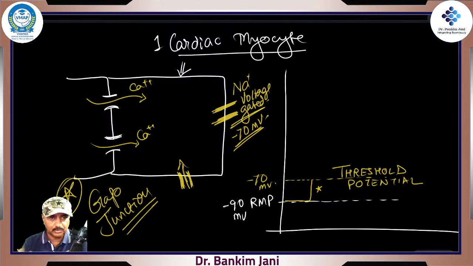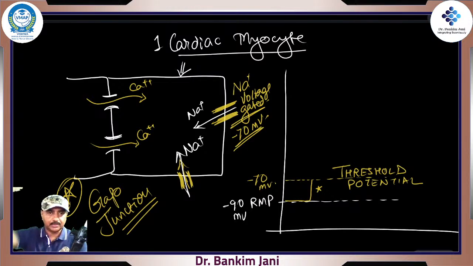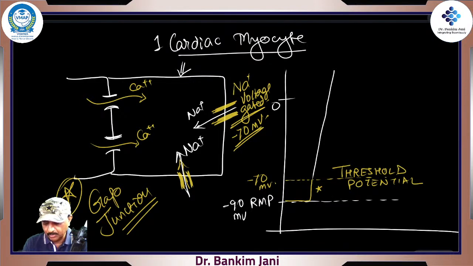When the sodium channel is open, sodium starts pouring in. Immediately the whole thing goes towards very heavy depolarization. It shoots, crosses zero, and goes to plus 20. So this phase is depolarization.